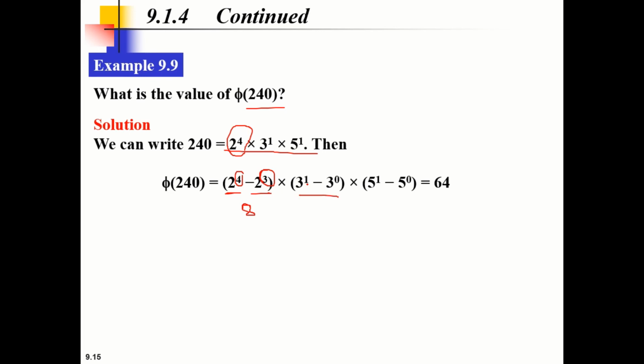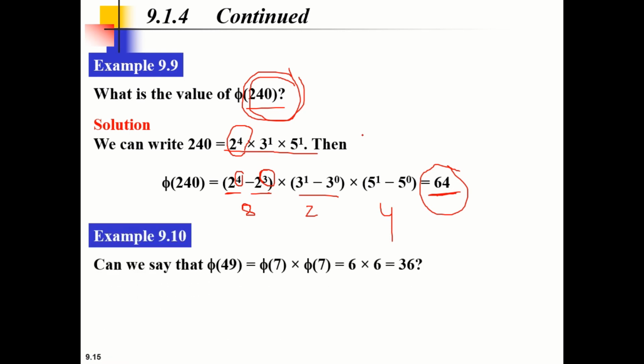This will be 3 minus 1 2 and this is 5 minus 1 4. So as a result we get 64. Okay, so there are 64 numbers which are smaller than 240 which are prime and they are relatively prime as well with 240. Fine.